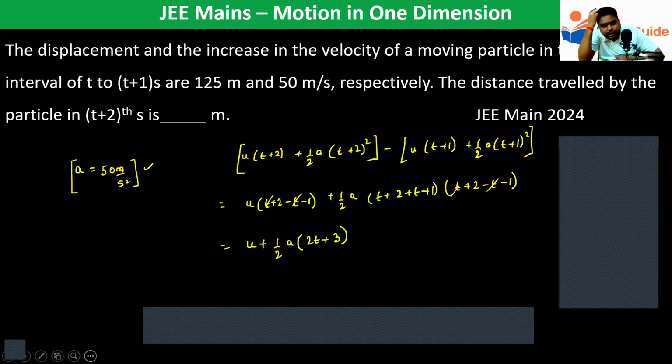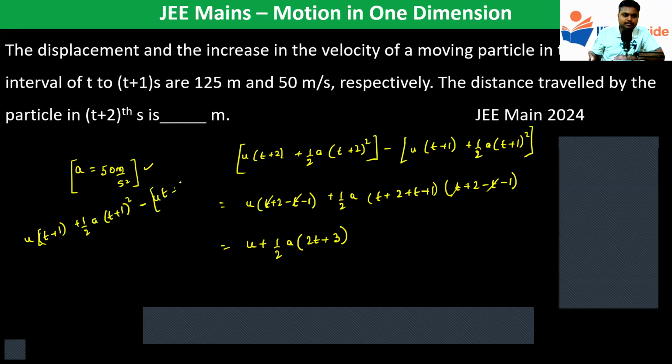Now it is mentioned that from t to t plus 1 it's 125. So u into t plus 1 plus half a t plus 1 whole square minus ut plus half a t square is going to be equal to 125.